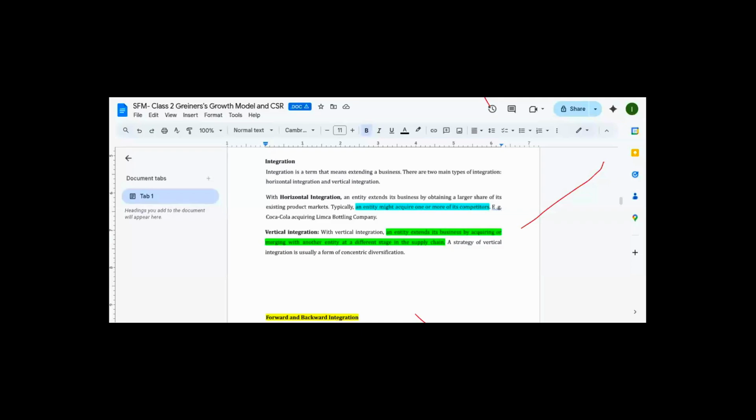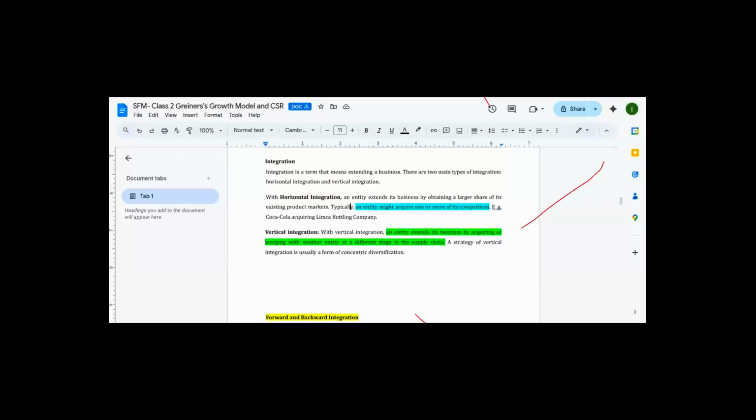With horizontal integration, the entity extends its business by obtaining a larger share of the existing product market. Anytime you see horizontal like this, you can do your hand the way I'm doing it here. Horizontal integration means that the company acquires one or more of its competitors.